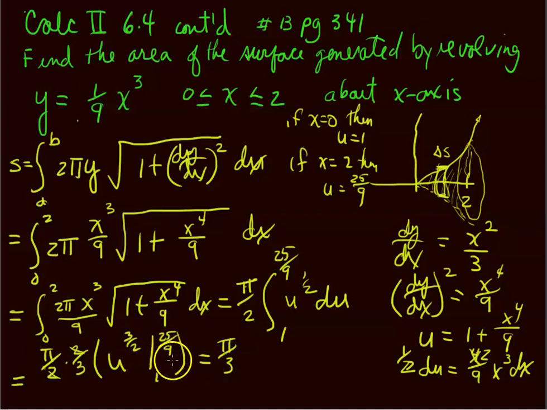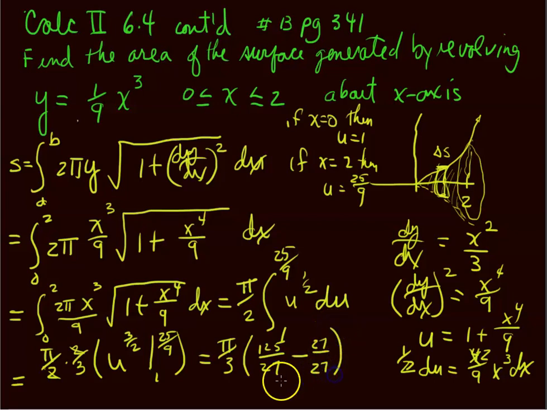When I put in a 25/9 here, you're going to have to make sure you write this down maybe. The square root of 25 is 5, and the square root of 9 is 3. I get 5/3 cubed, which is 125/27. Minus, plug in a 1, it's still a 1, which is really 27/27.